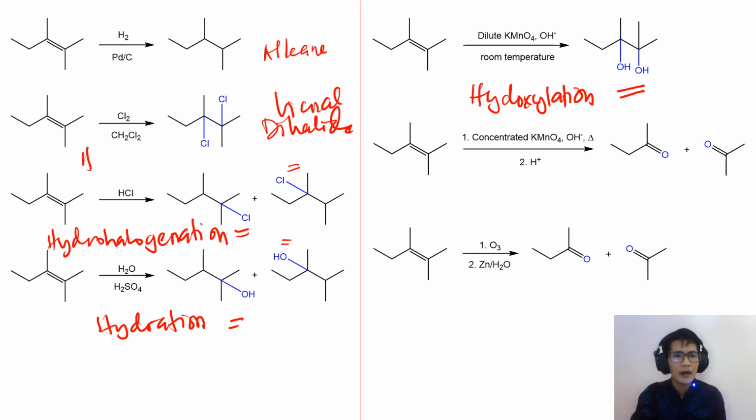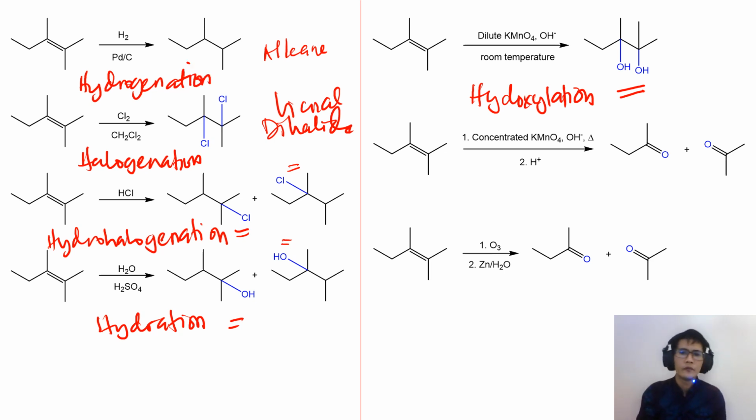This one is the halogenation, and the first one is the hydrogenation. All right, so for the hydroxylation, you only get one product because you add the same group of atoms, which is the hydroxyl group.